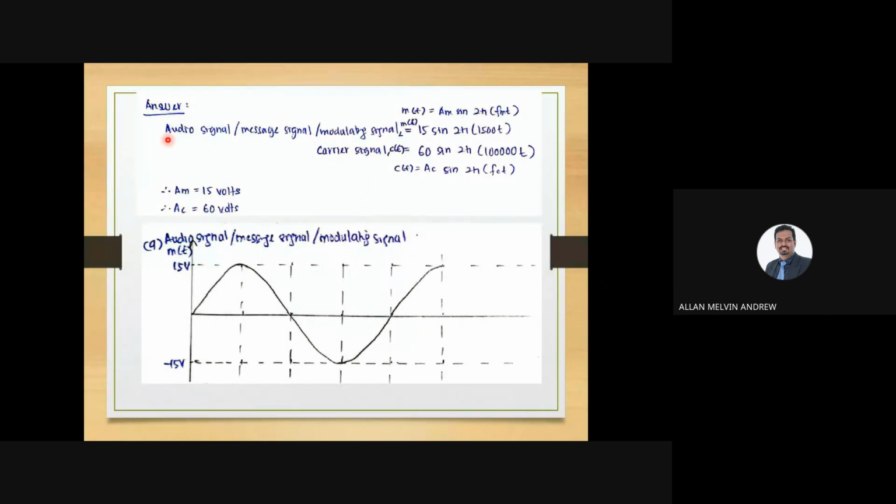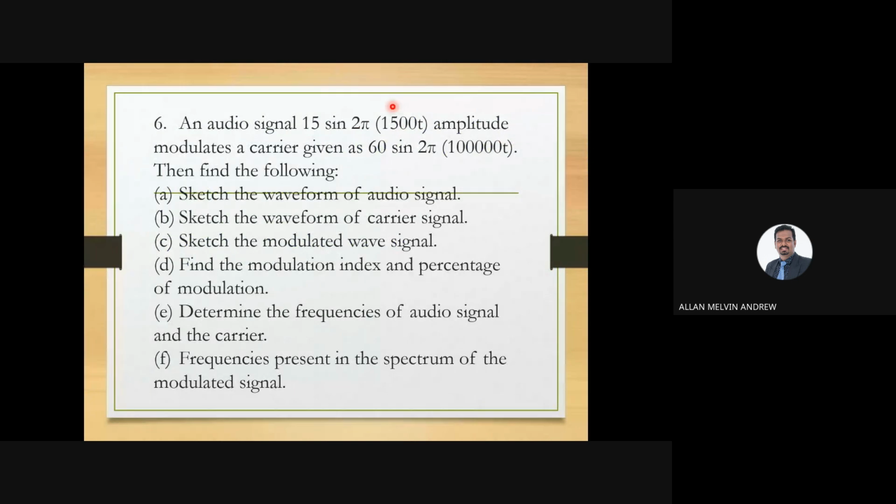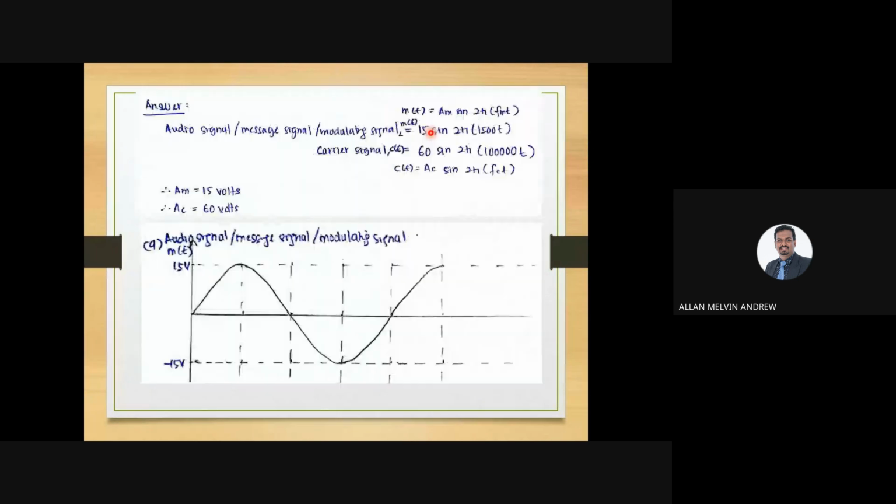First we want to find out what the audio signal is. The audio signal, message signal and modulating signal are all the same. Here they gave 15 sine 2 pi 1500 t. Compare with the standard formula, m(t) equals Am sine 2 pi fm t.